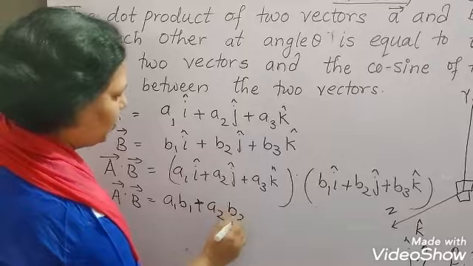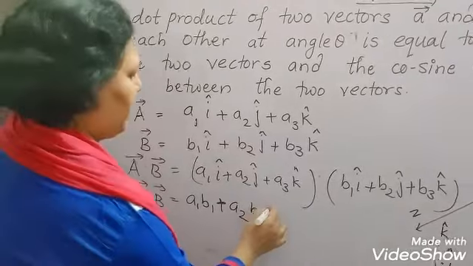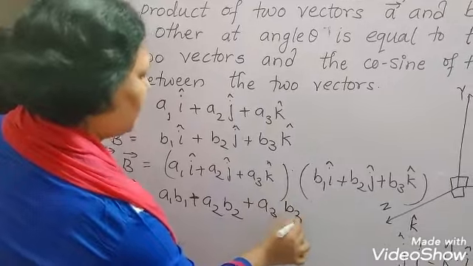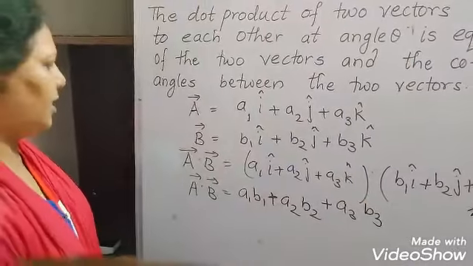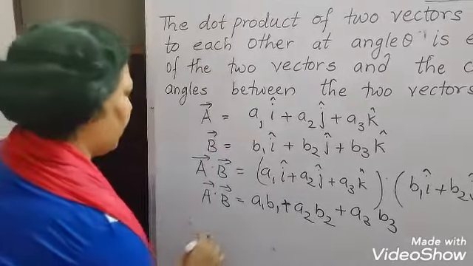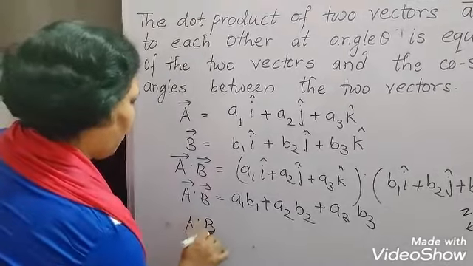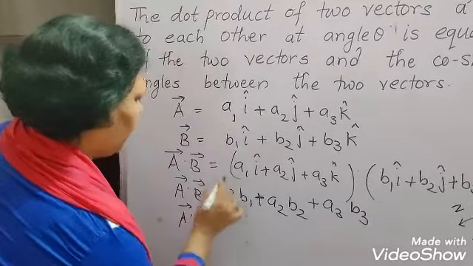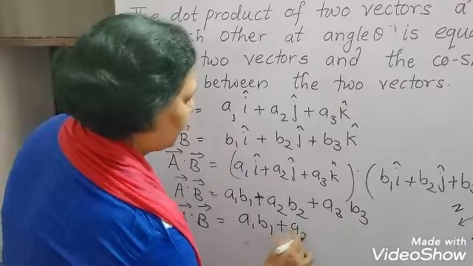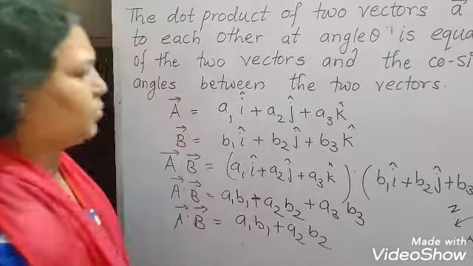A2 B2. Okay. Now similarly for this, A3 B3. So this will be the resultant in case of the two vectors in 3 dimension, and if it is in 2 dimension, obviously A dot B will be what? A1 B1 plus A2 B2, this way.